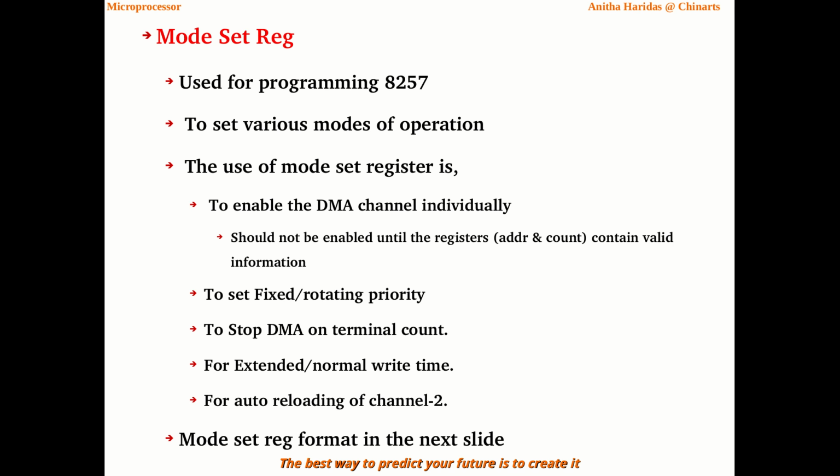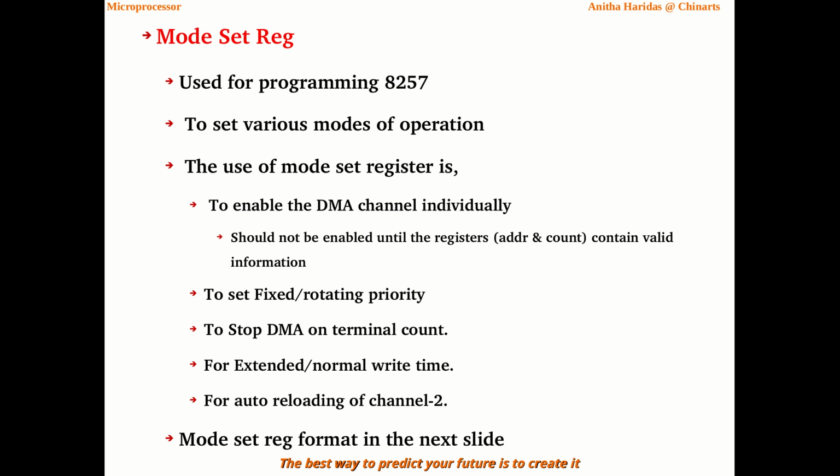Rotating priority and fixed priority matter because the 8257 controller is connected to 4 different peripheral devices. So the priority of the devices may be varying, or you may want to set a priority permanently for the devices.